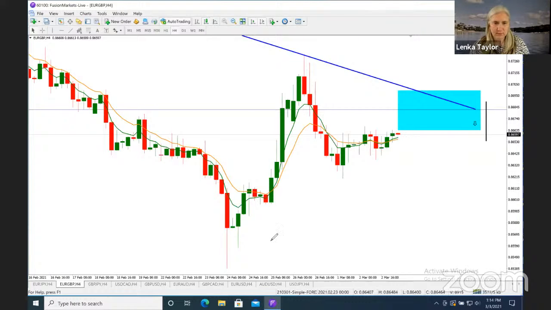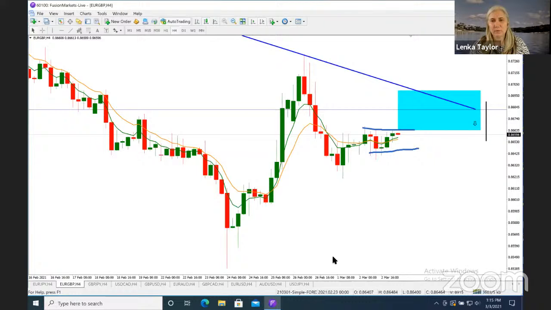So let me just get a pen annotating marker. There we go. So just going a little bit further back towards that line, and then a strong price action. Or if it doesn't pull back, then some kind of strong price action around this area where it's going sideways.